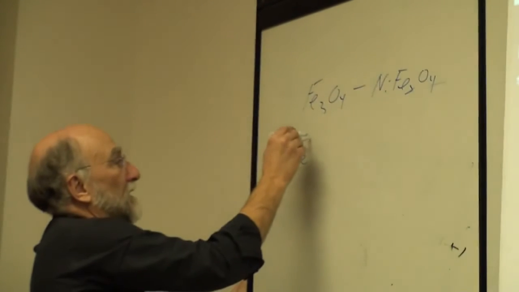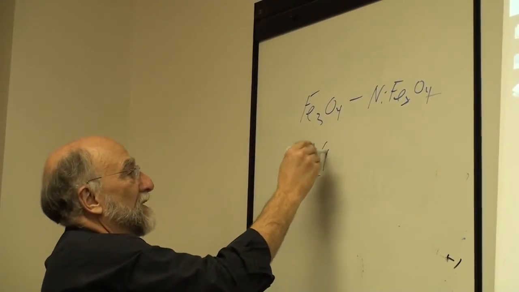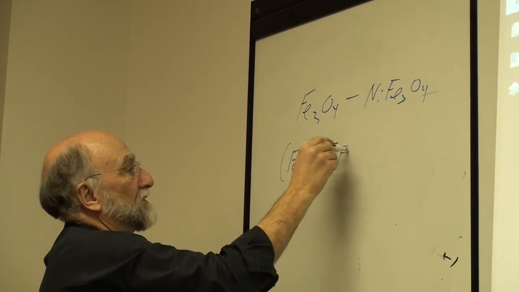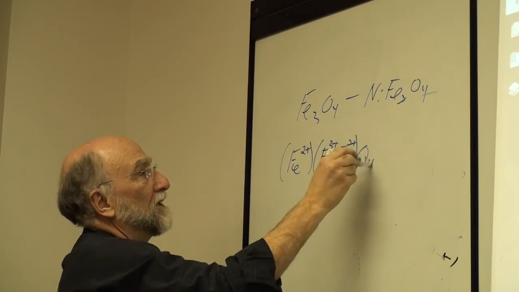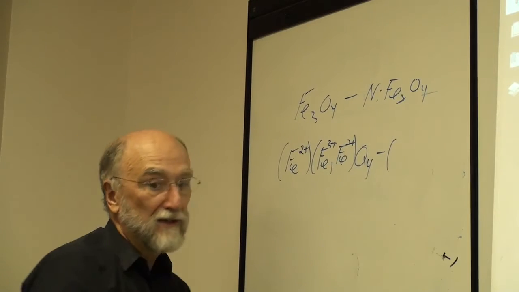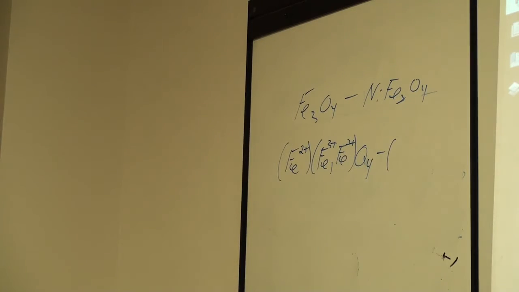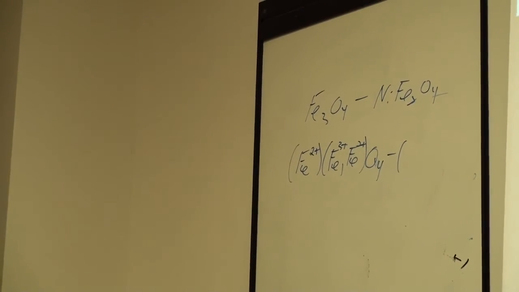Fe3O4 is a spinel, Fe2+, Fe3+, Fe2+ O4, an inverse spinel, and NiFe2O4, sorry, how did I say it's a normal or an inverse spinel? Both inverse spinels.